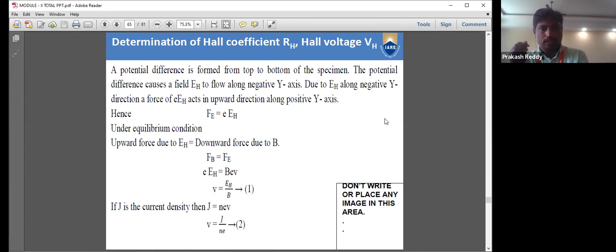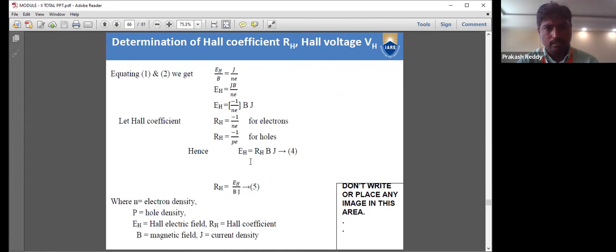There are two types of forces acting: one due to the electric field and one due to the magnetic field. Both act in opposite directions. At the equilibrium position, by equating the two, we derive the equations for EH, RH and VH also. First, by equating the forces, I'm going to derive the relation between EH and RH.